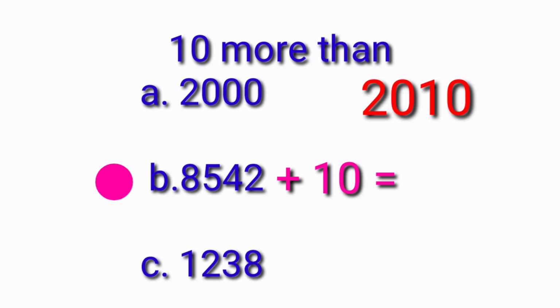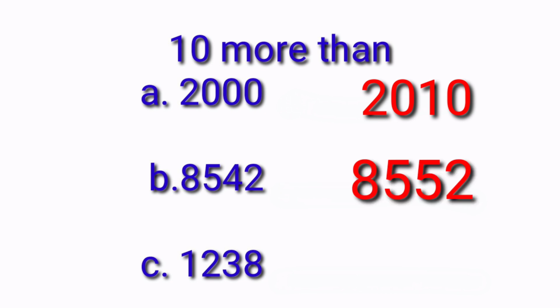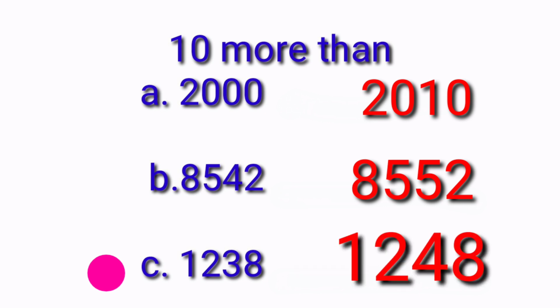If we add 10 to this number, we get the next number 8552. Okay, third one 1238. Just we add 10 to this number. 1238 plus 10 equal to 1248.